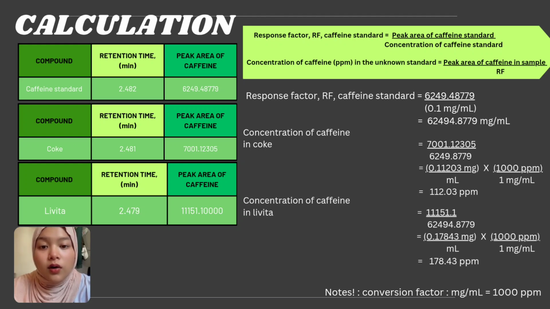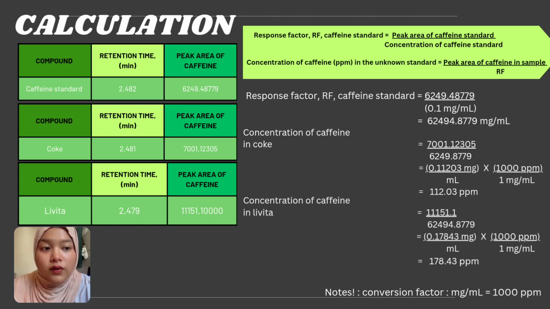For the calculation, to find the response factor, RF, of the caffeine standard, we use the formula: peak area of caffeine standard over concentration of caffeine standard. To find the concentration of caffeine in ppm in the unknown sample, we use the formula: peak area of caffeine in sample divided by RF, which is the response factor. The response factor RF for the caffeine standard is equal to 62494.8779 mg/ml.